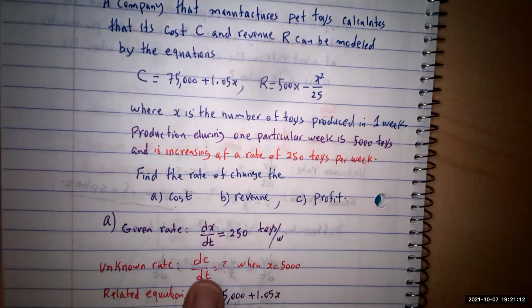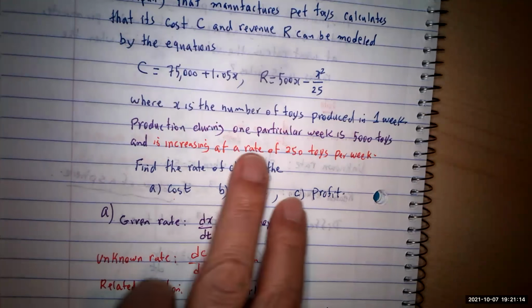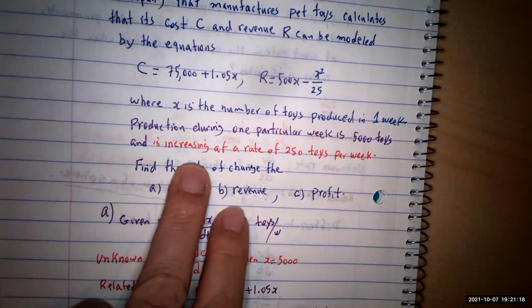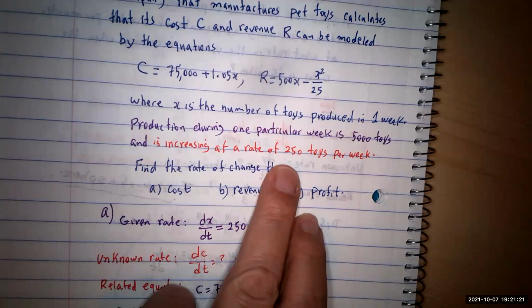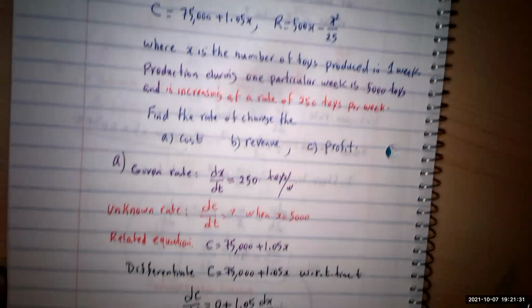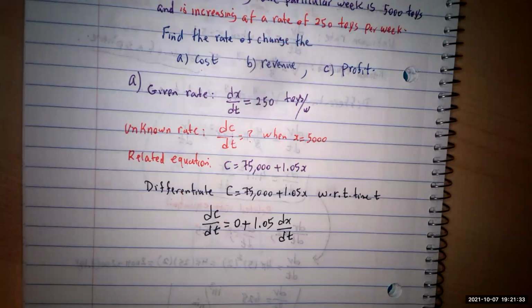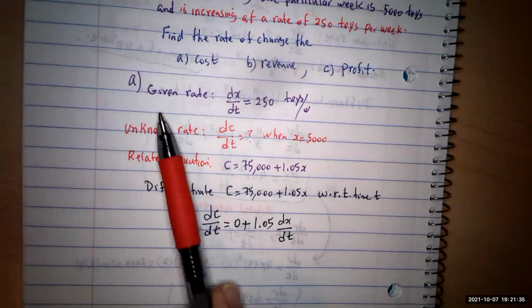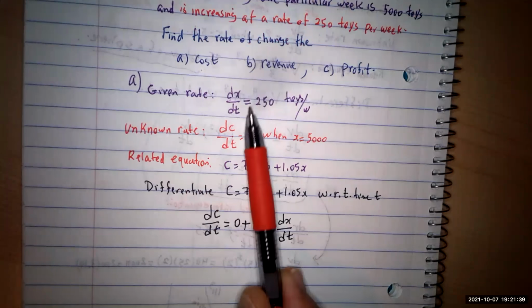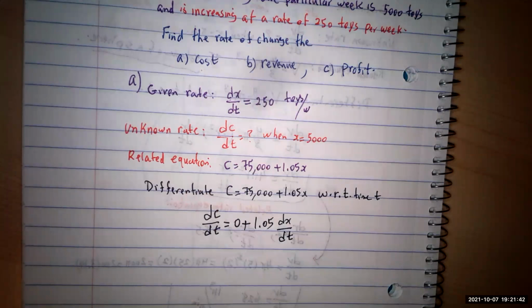For the first part, the question was, if the rate of the production is increasing at the level of 250 toys per week, what is going to be the rate of the cost, revenue, or profit? We talked about how we set up these types of problems. You have to set up the given rate and the unknown rate, and then you connect these variables together.